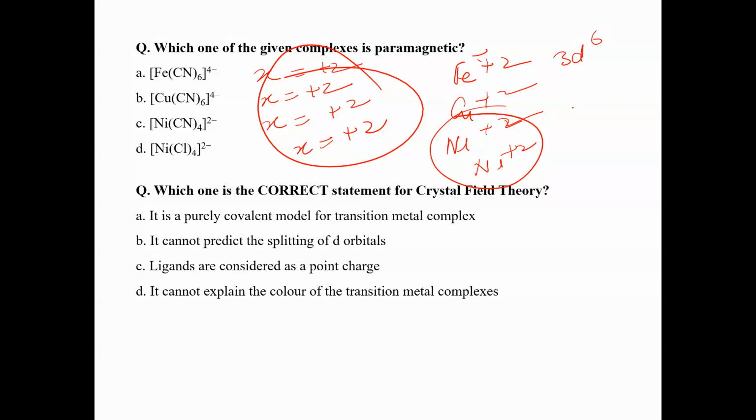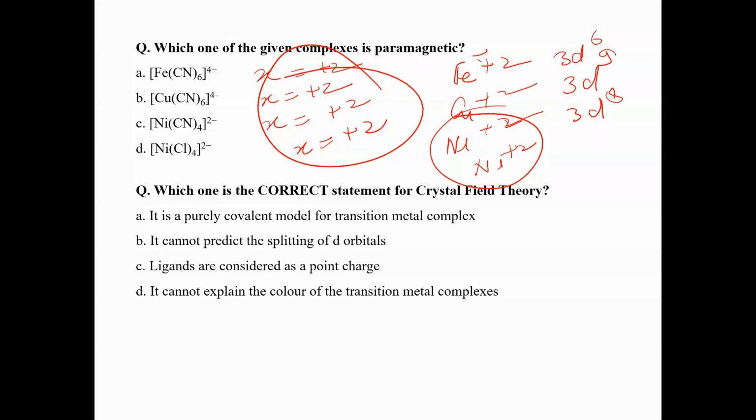And here it will be 3d, cobalt, nickel, 3d8, right? And what will be here? 3d9, right?